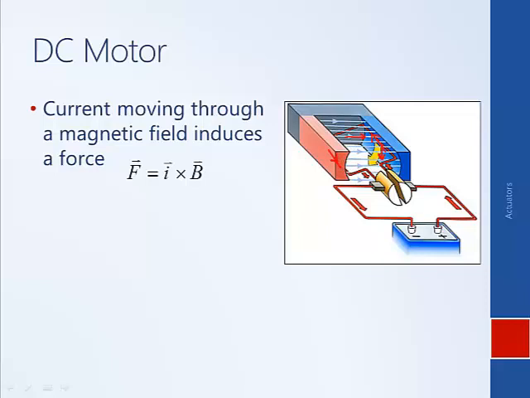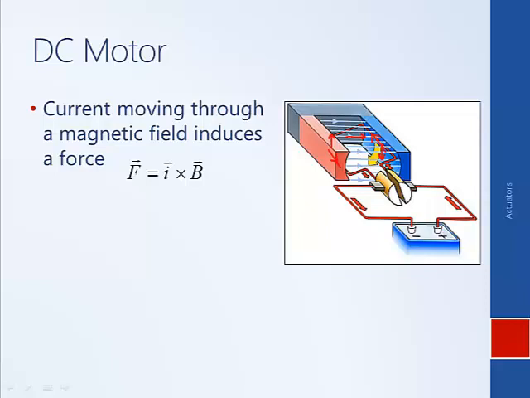So when you do the right-hand rule, the resulting force will push in the opposite direction, and it will be up. And so you have this coil where one side is being pushed down and the other side is being pulled up, and it'll cause it to rotate. And that's the basic notion of how a DC motor works.